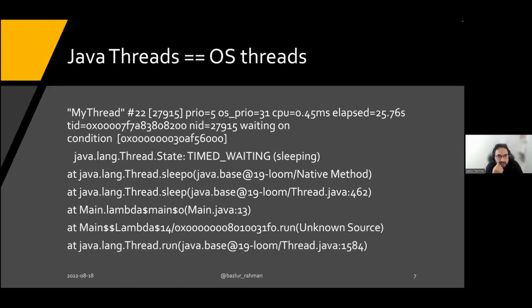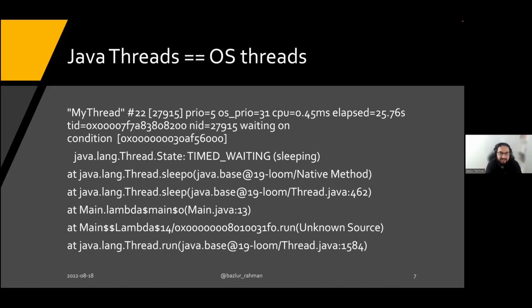Now you have to keep in mind that in Java, a thread is not a Java construct. It's basically a mapping of an operating system thread. So the operating system provides us a number of threads, or we can request from Java to give us a thread. So that's how it works.